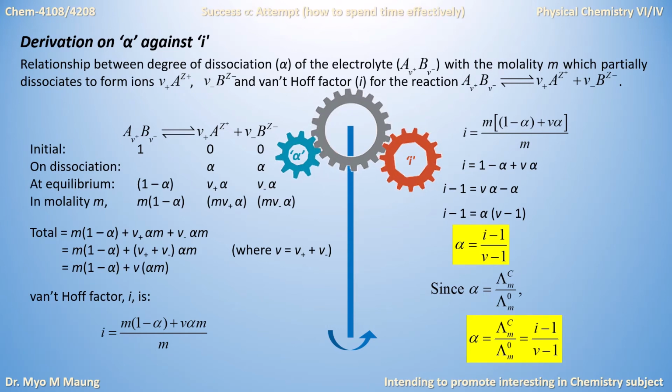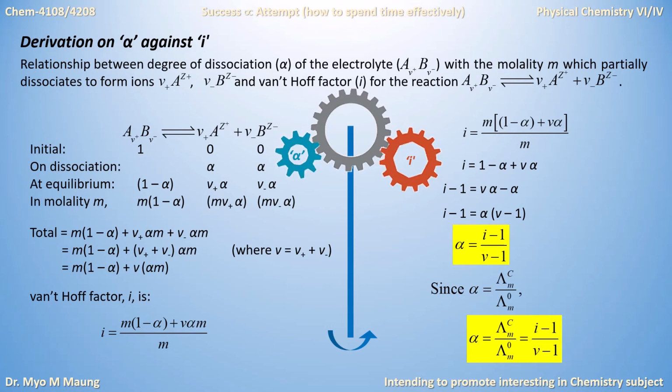Then, rearrange that: i minus 1 equals ν alpha minus alpha. Then, alpha is a common factor on the right hand side. So, i minus 1 equals alpha into (ν minus 1). Finally, we rearrange that: alpha equals (i minus 1) divided by (ν minus 1).